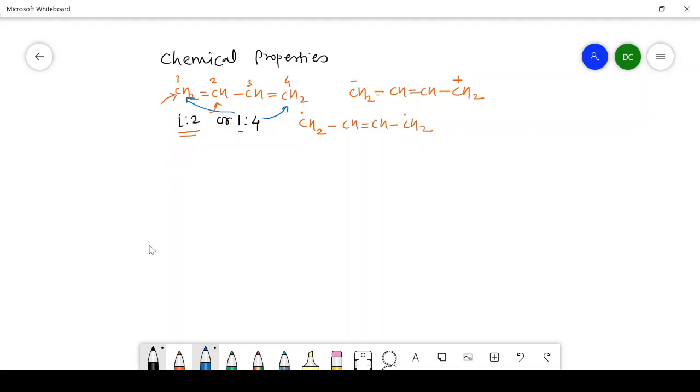So let's begin with the first reaction, that is reaction with hydrogen halide.